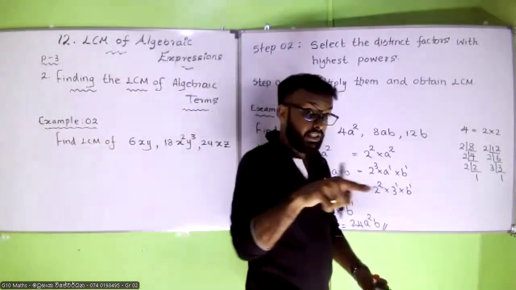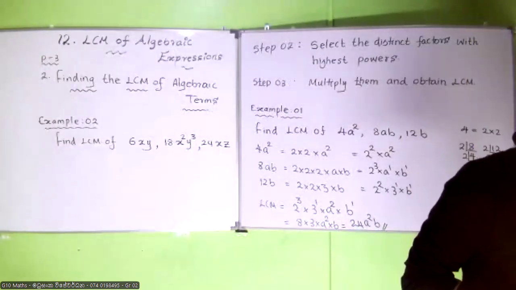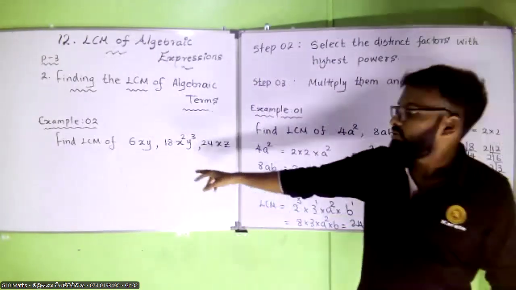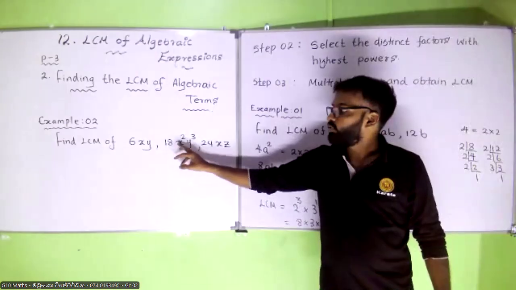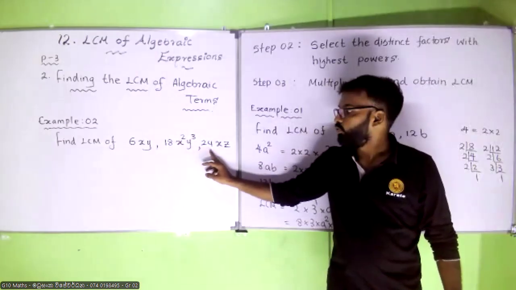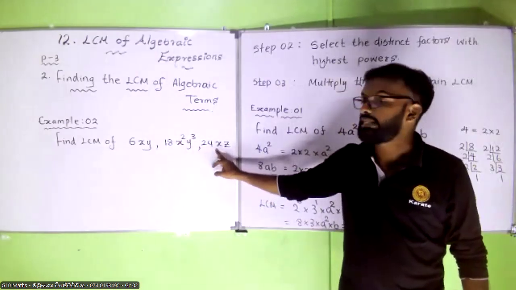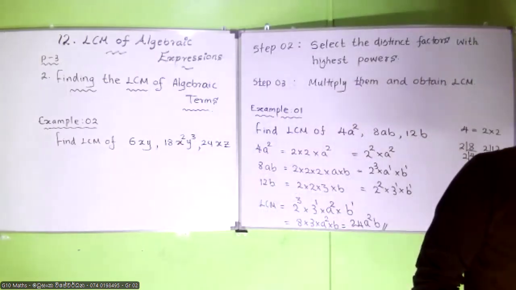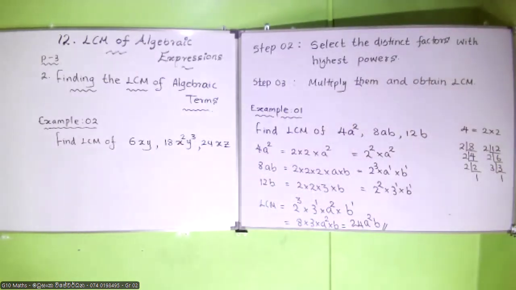Do this and send me the answer to the chat. Send me the LCM to the chat. 6xy, 18 x to the power 2, y to the power 3, 24 x z. Find the LCM of that and send me the answer to the chat.